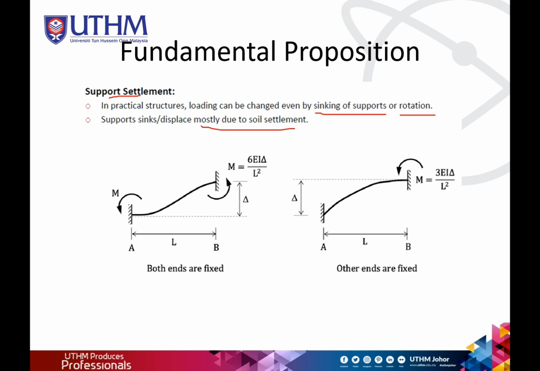So in the equations of FEM, we will have an extra support settlement term, which is 3EI delta over L squared, and another one for 6EI. The difference is the types of end supports: both ends fixed, or the other end not a fixed support.